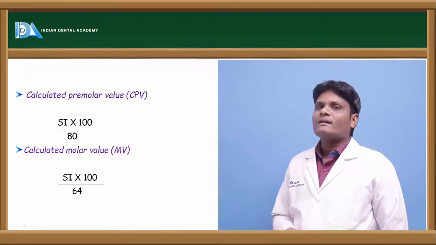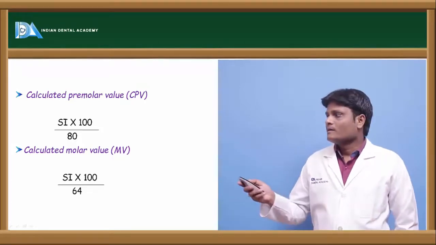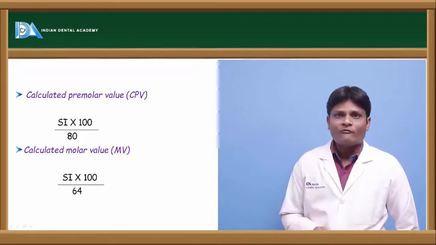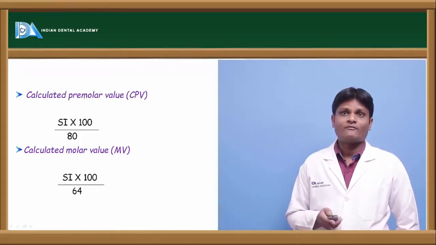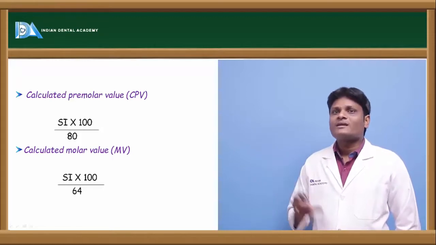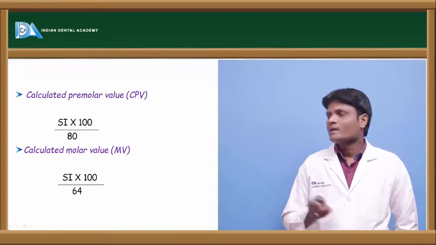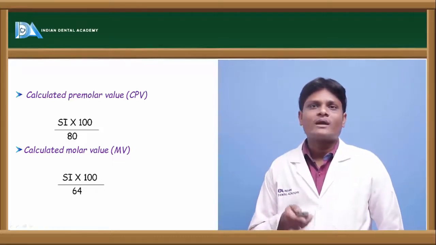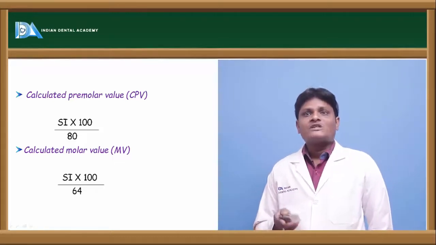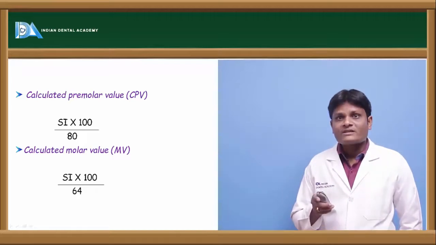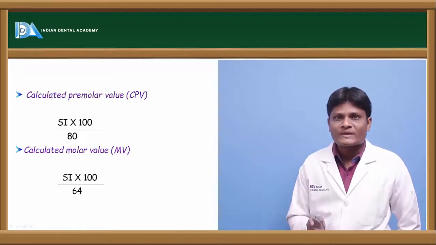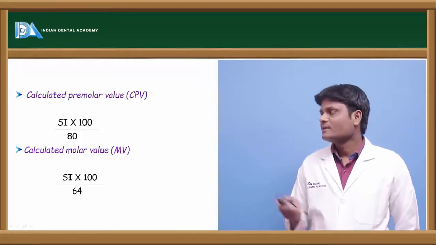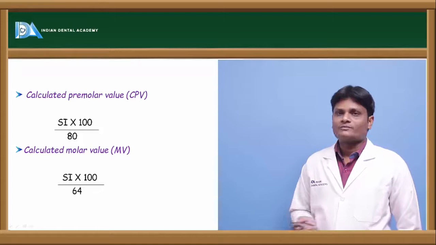The formula given by Pond is sum of the incisors times 100 divided by 80 for the width of the arch in the premolar area, which we call the calculated premolar value. Similarly, sum of the incisors times 100 divided by 64 gives the width of the arch that is supposed to be present in the maxillary arch in the molar region. This is called the calculated molar value.